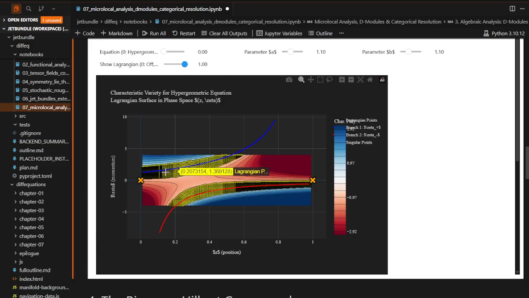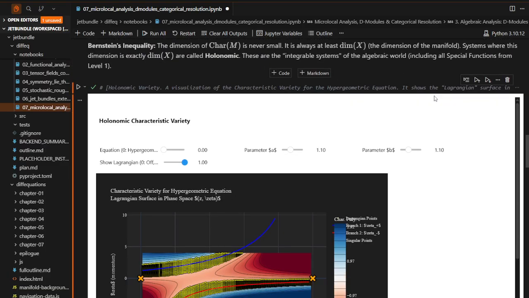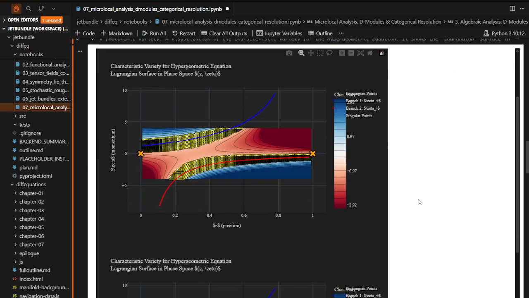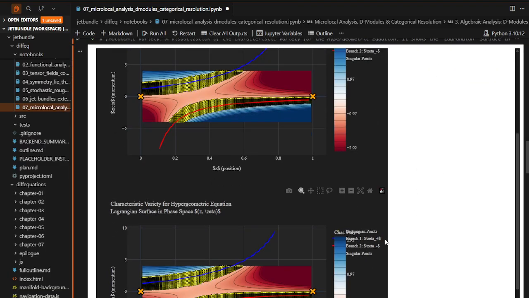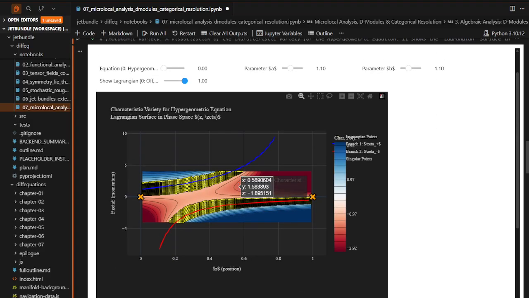The Lagrangian surface itself, as you can see in phase space, is where the dimension is equal to the dimension of the manifold that we're encoding into the D-module. It's repeating for some reason, but as you can see, I'm computing this pretty fast.